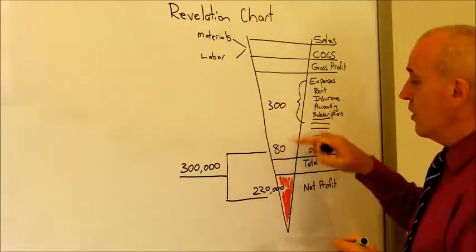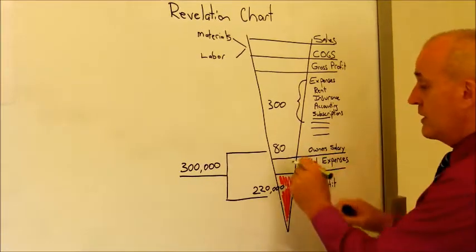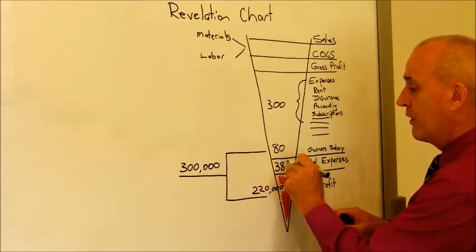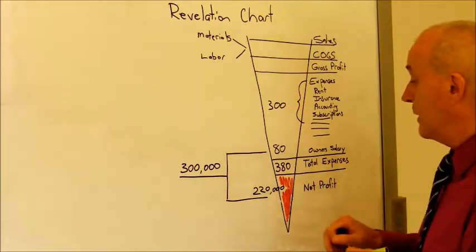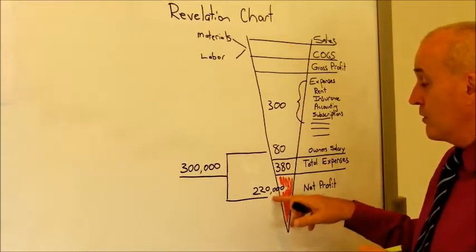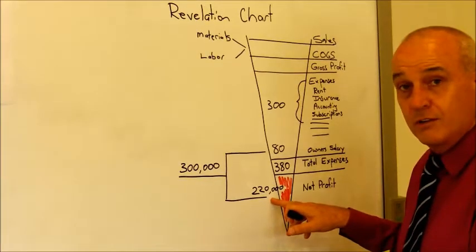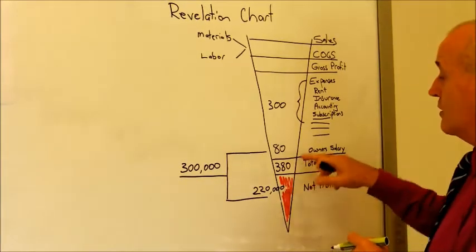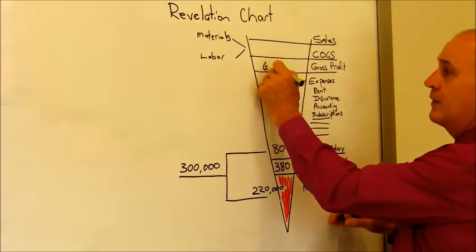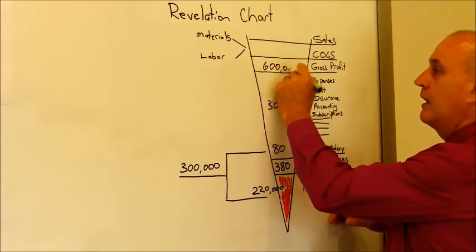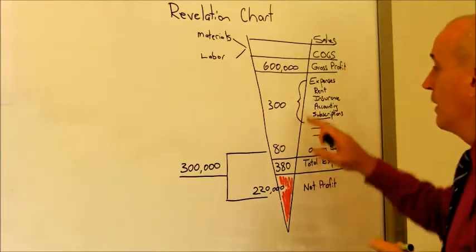So $300,000 plus the $80,000 down here means that we need to have $380,000 to be able to afford all of our total expenses. Then we add on our $220,000. $220,000 plus 380 says that we need to have $600,000 as our gross profit.